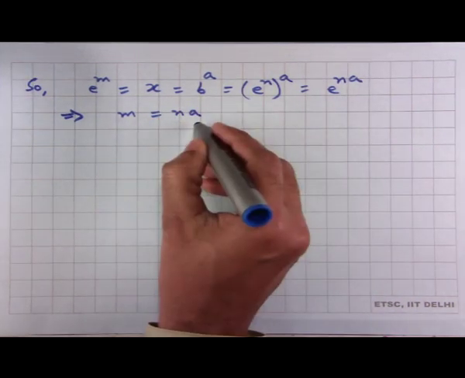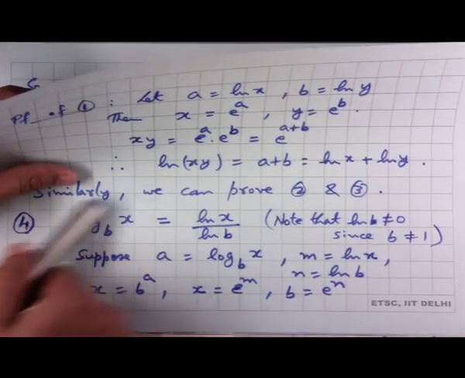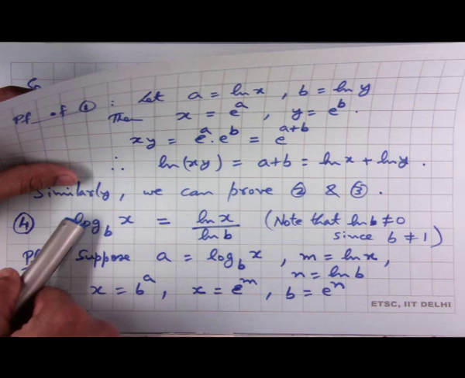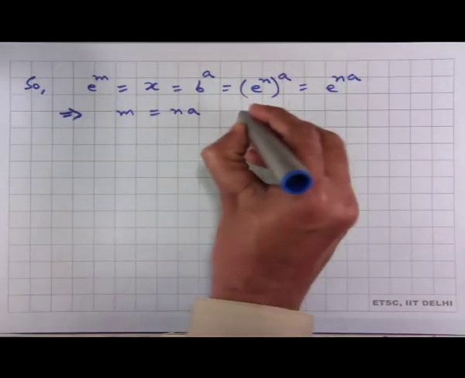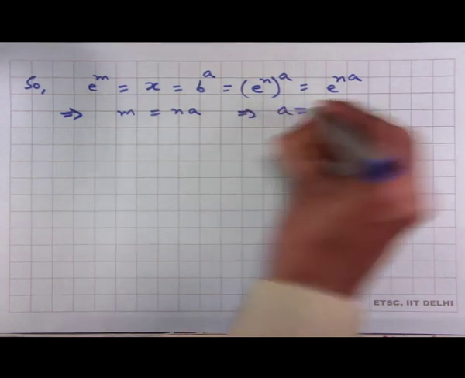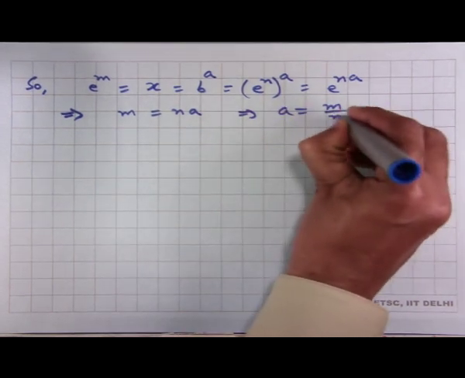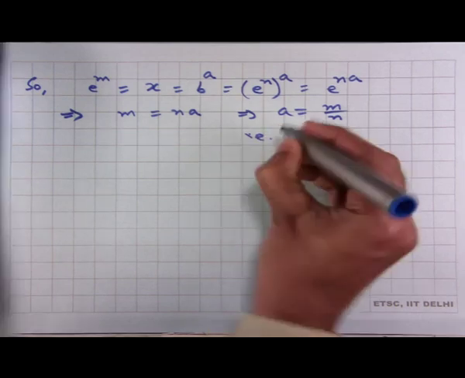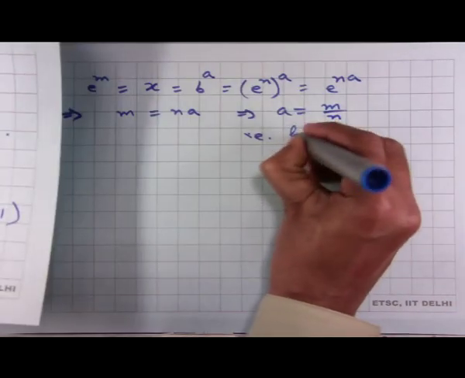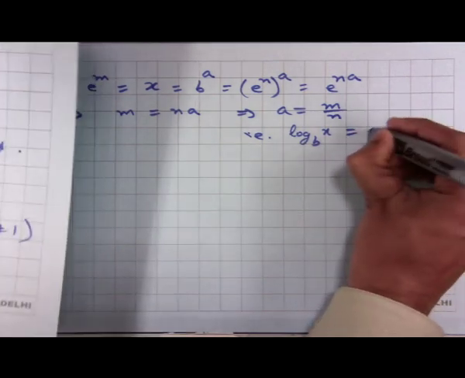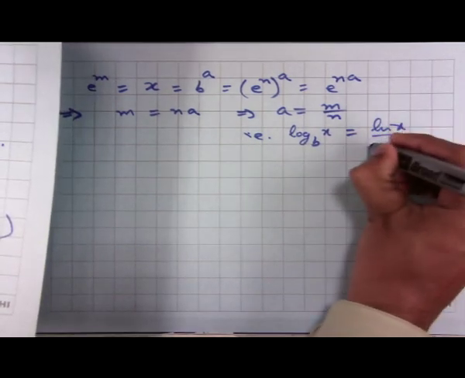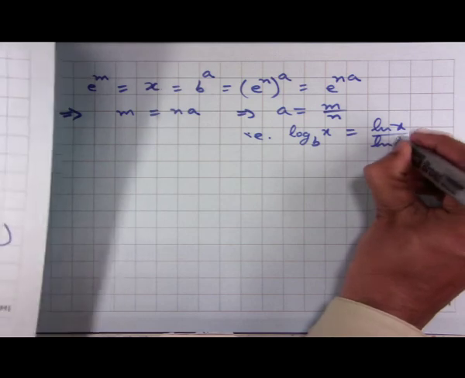So, m is equal to n a, and then what we had to prove is that a is equal to log x by log b, that is m by n. So, this implies a is equal to m by n, that is, a is log x to the base b is equal to ln x divided by ln of b.